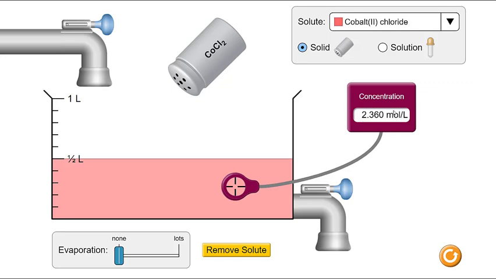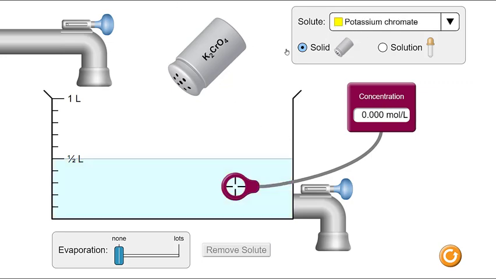But we don't measure in the lab in moles, do we? We measure in grams. And then we can relate that back to its molar mass and convert from grams to moles. That then allows us to calculate concentration.